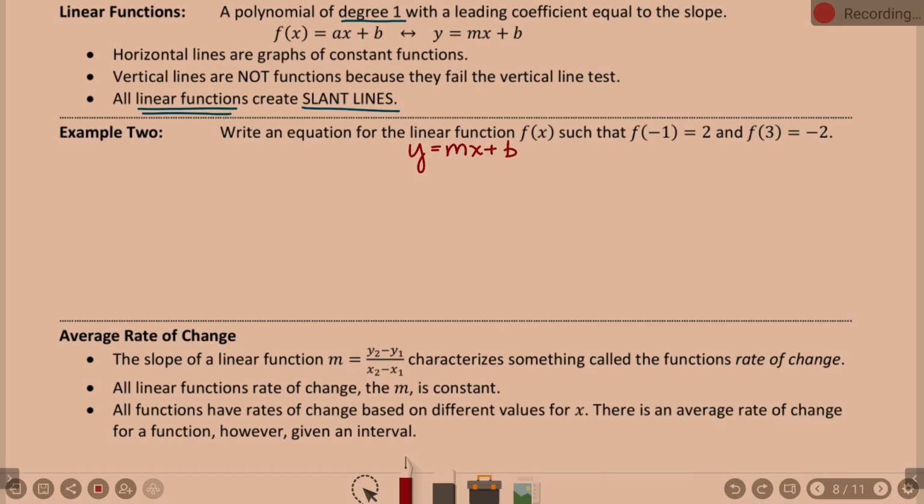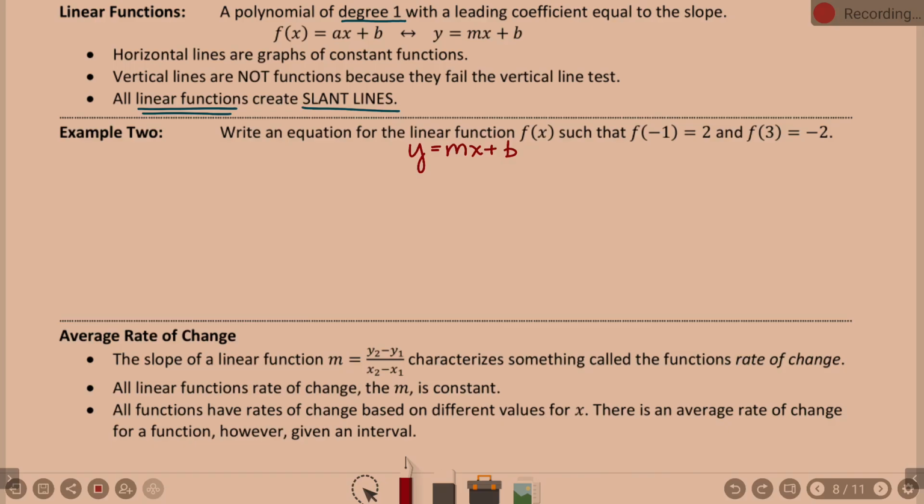We need a slope and a y-intercept. Do they give me either of those? Of course not. That would be too easy. Can we find the slope from those points, and then plug the slope and one of those points back in to get whatever the y-intercept is?